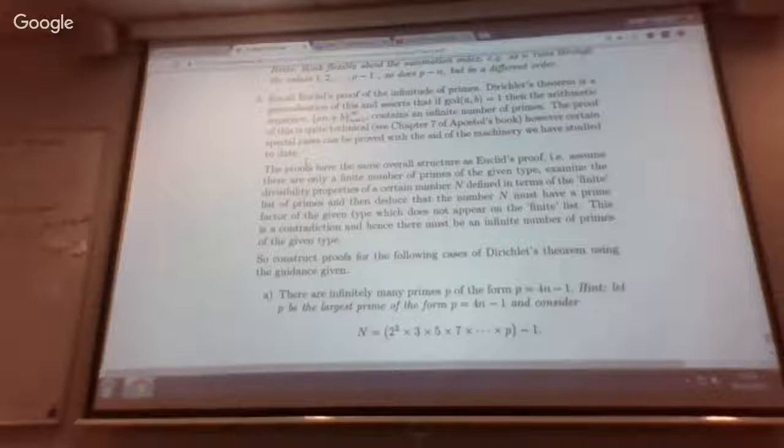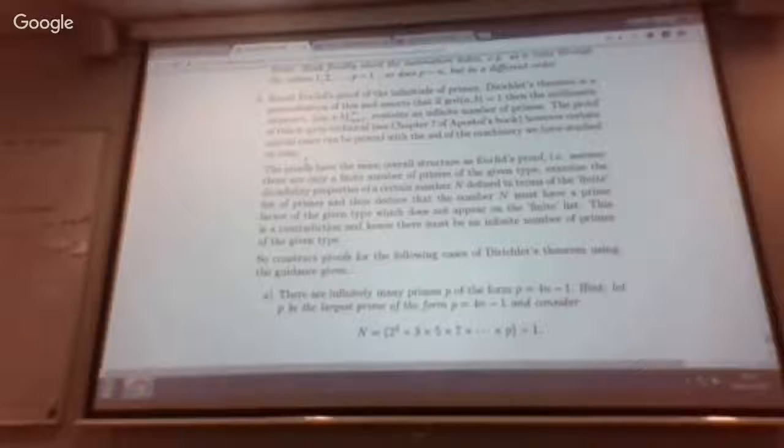the result we mainly attribute to Euclid that there's an infinite number of prime numbers. Euclid's argument, which we saw in the very early days of this course, implied an infinite number of primes in the integers. And this is like knowing the national anthem.